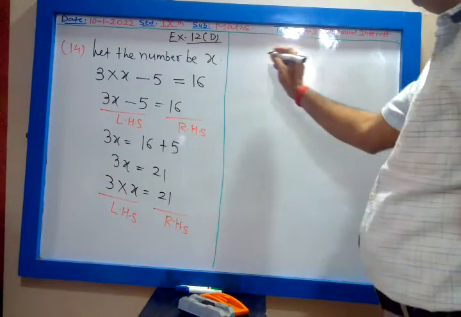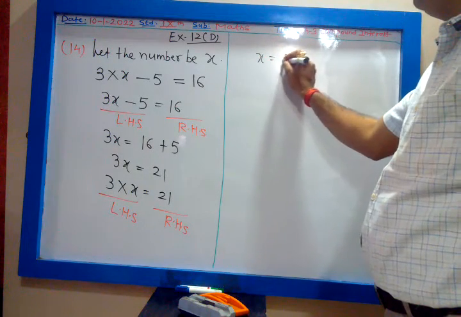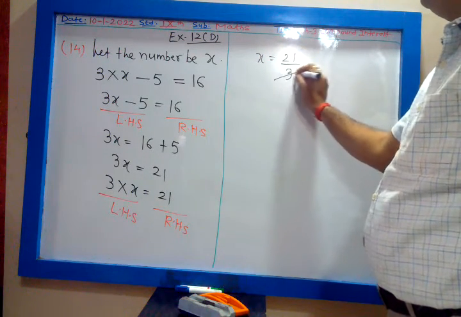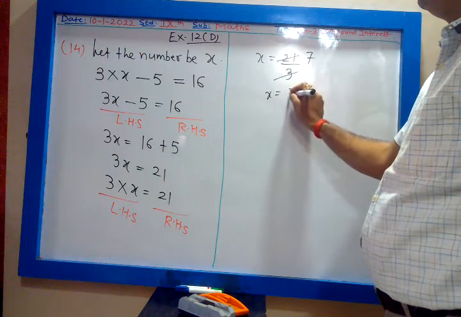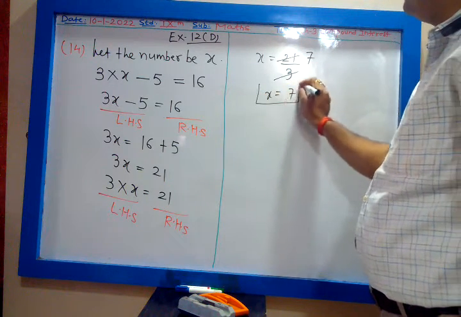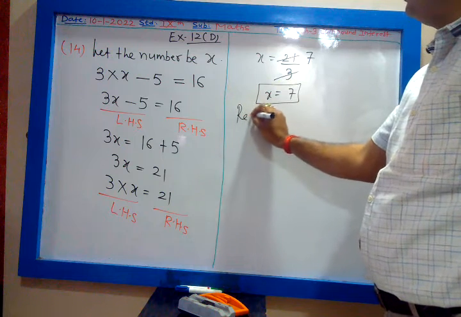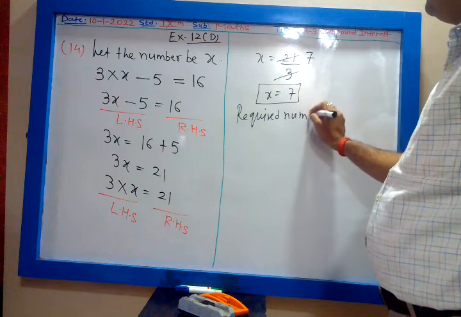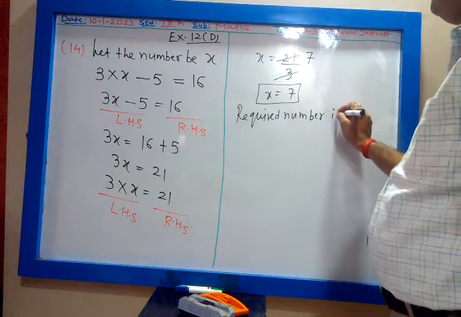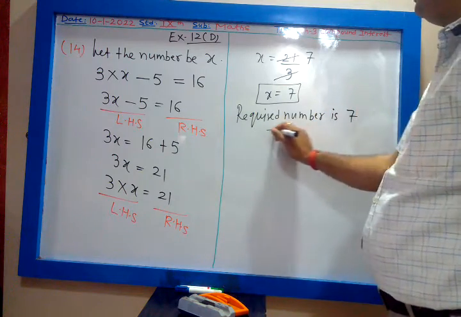So x is equal to 21 divided by 3. 3 1s are 3, 3 7s are 21. So x is equal to 7. So the required number is 7. Write this: required number is 7. Okay.